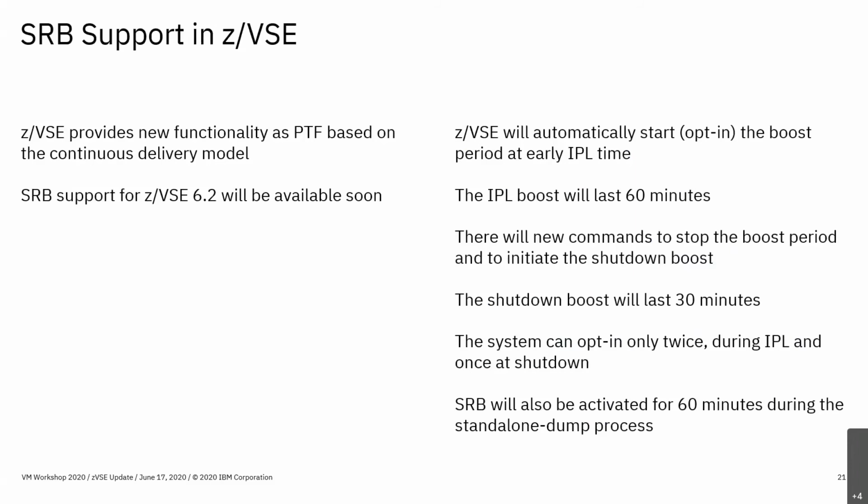When the boost period has expired, the processor continues to run in sub-capacity mode. There will be new commands to stop the boost and to enable the shutdown boost, which is not done automatically. In addition, there will be an option to check whether the boost is active. I know this is very high level, but we plan to ship the related PTF soon, so stay tuned and check our homepage.